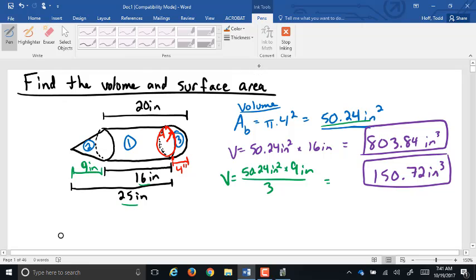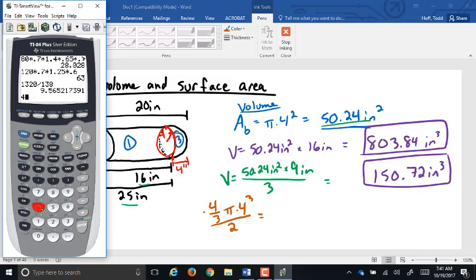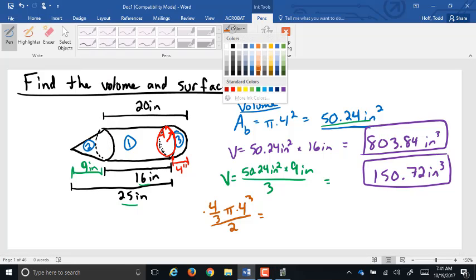Part 3 is the half sphere. That volume is going to go off all on its own. That's 4/3 times pi times 4 cubed divided by 2 because it is a half a sphere. So 4 divided by 3 times pi times 4 to the power of 3. 133.97.